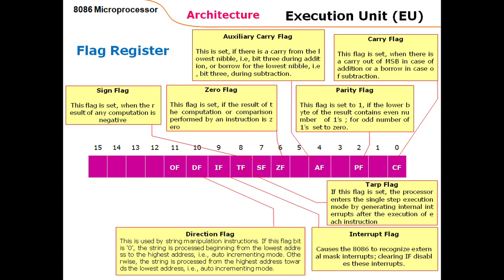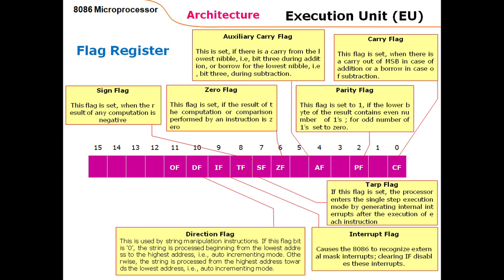Otherwise, if we are interested to process strings starting from the highest address towards the lowest address, then the mode should be auto decrementing mode. And the auto decrementing mode is set when the direction flag is set to 1.